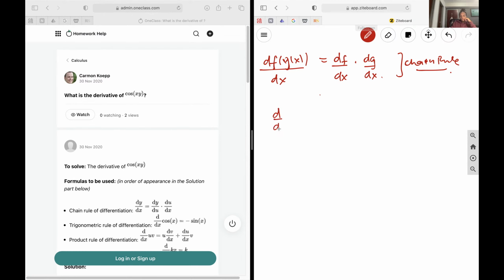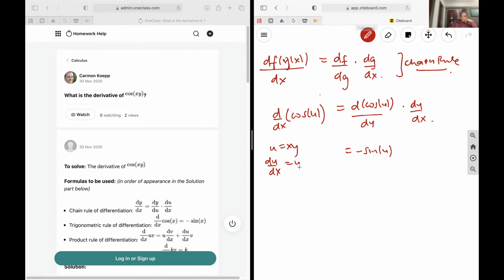I'm looking for d over dx of cos of u, and this is going to be equal to d cos u over du multiplied by du over dx. The derivative of cos u with respect to u is going to give me negative sine u. And as I said, my u is equal to xy.